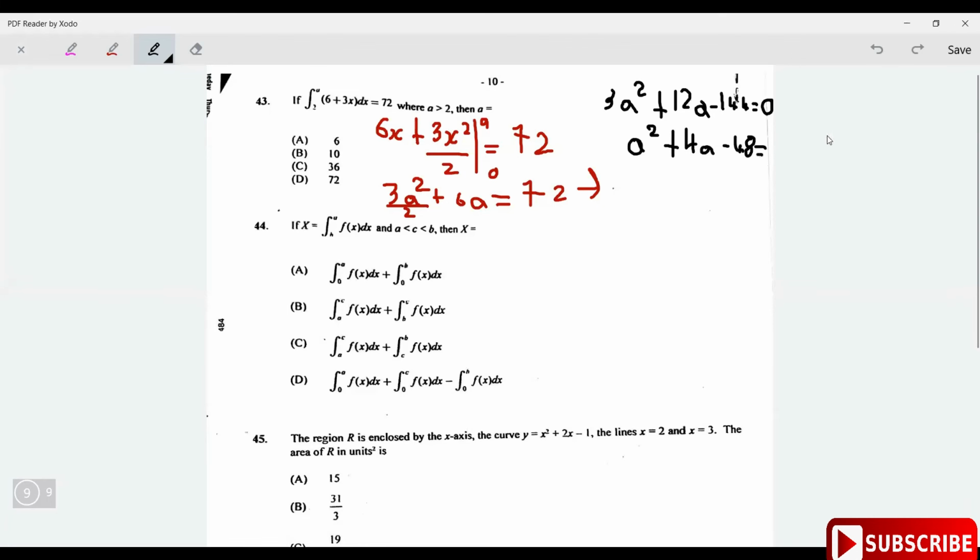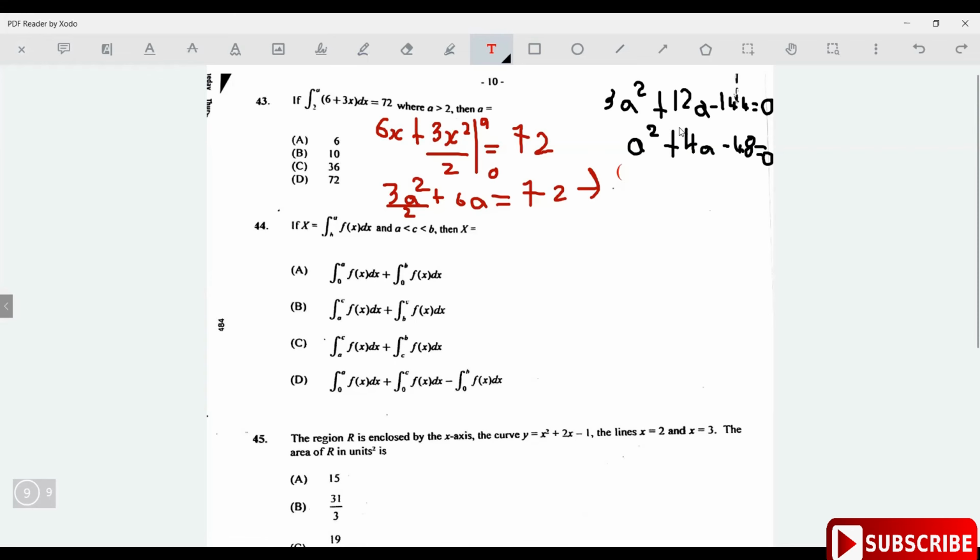So all you need to do now is go ahead and factorize it. So you're going to get a minus, let's go with 6 and 8. No, signs are different. The greater product positive. 8 and 6.